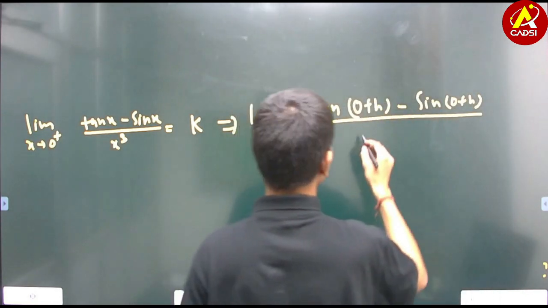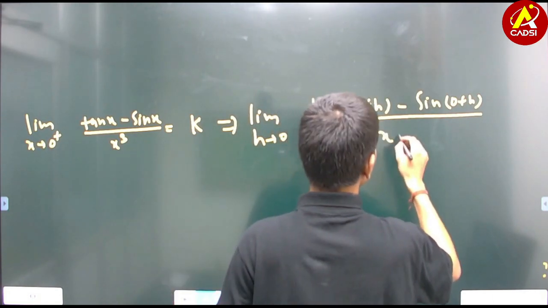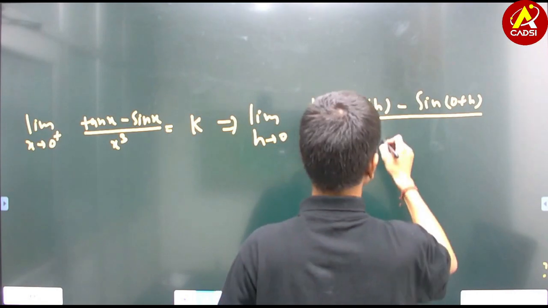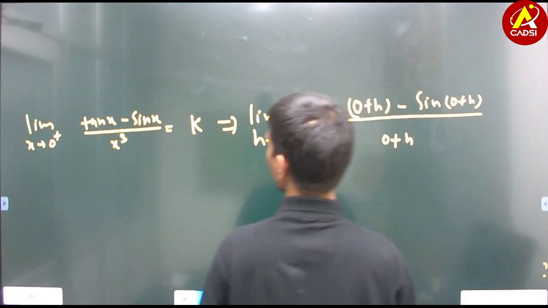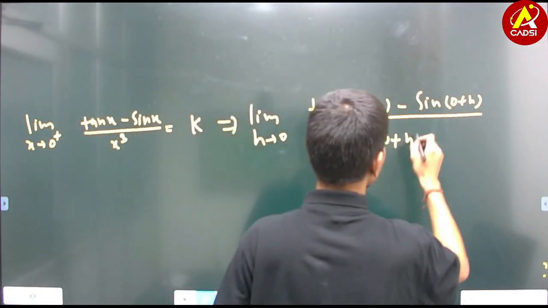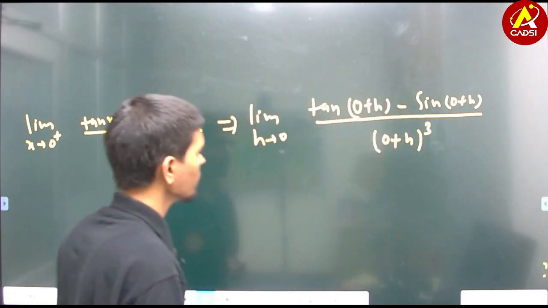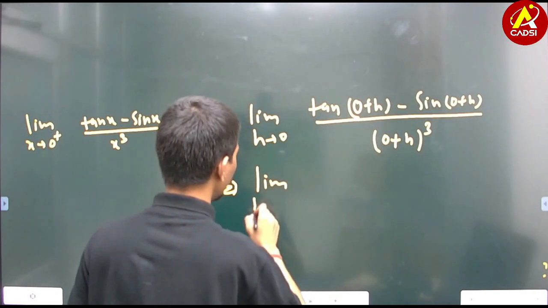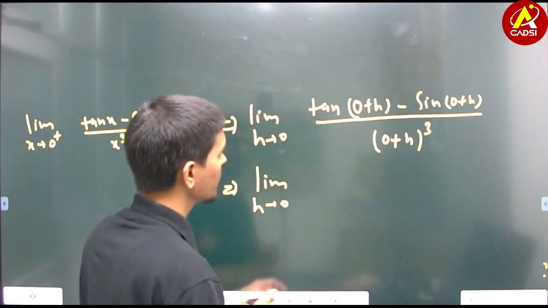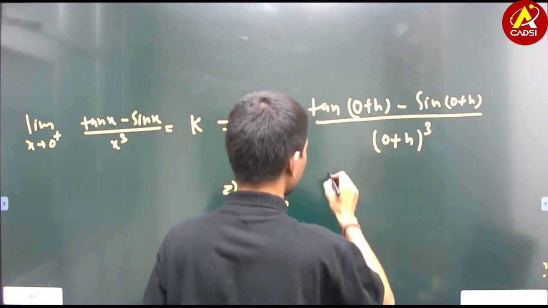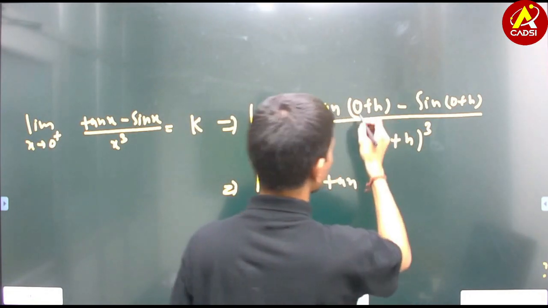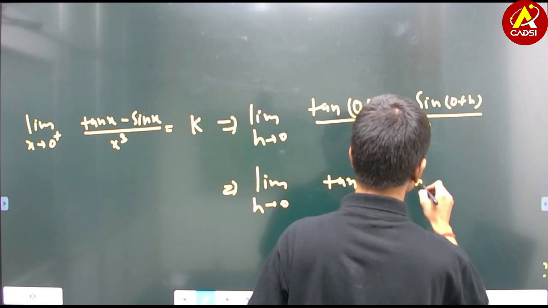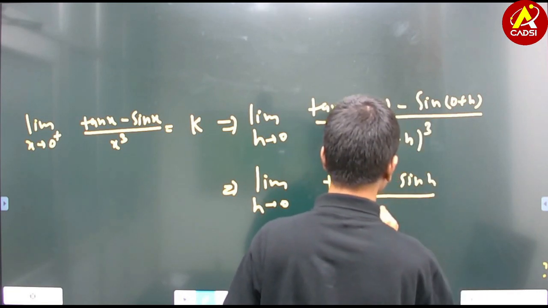Here x cube means (0 plus h) cube. Then limit h tending to 0 of (tan h minus sin h) upon h cube.